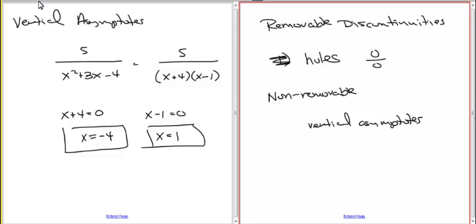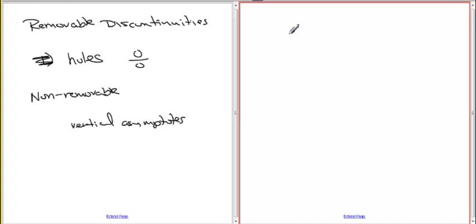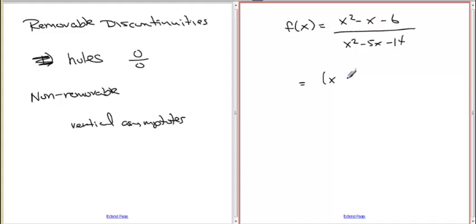So I'll give you some kind of rational function. And you'll factor both the numerator and the denominator. So what two numbers multiply together give me 6? Well, 1 times 6, 3 times 2.